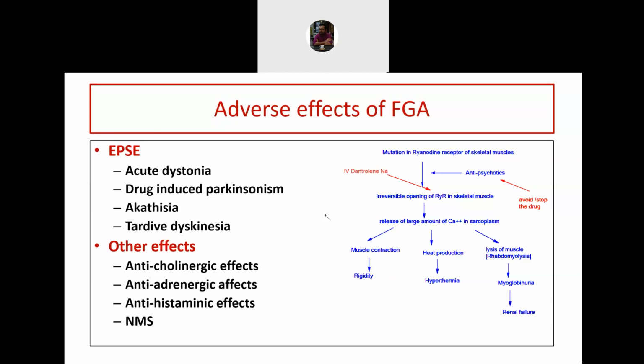The excess rigidity of the muscle can be partly controlled by giving benzodiazepines. The hyperthermia can be controlled by physical cooling of the body by ice packs. And the renal failure has to be treated properly with diuretics or dialysis.